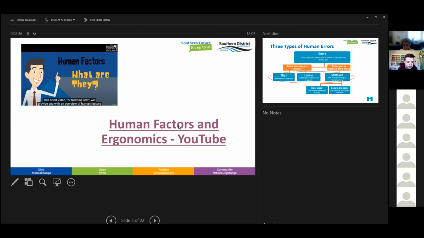If you go to the arrow next to your mute button, there'll be an audio settings menu, and you need to share the computer sound so that we can hear it.